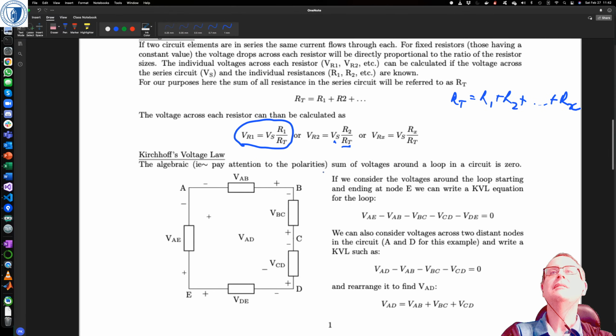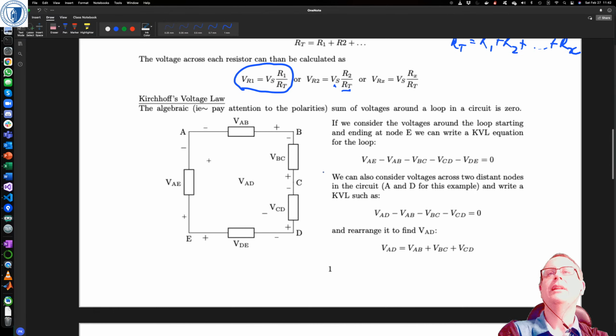Okay, and then here's a circuit, and we don't actually have any voltage sources in the circuit, but they could be. These elements are just boxes. They could be just about anything. But the idea is to illustrate Kirchhoff's voltage law.